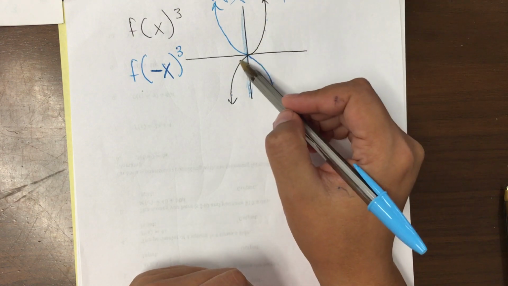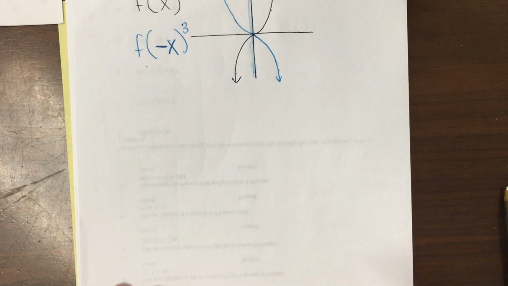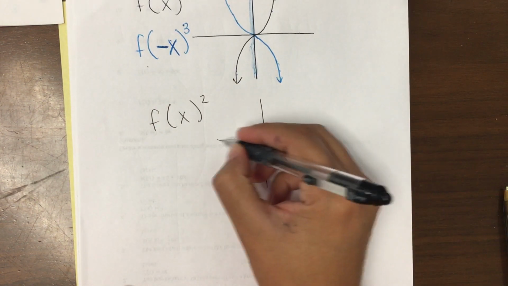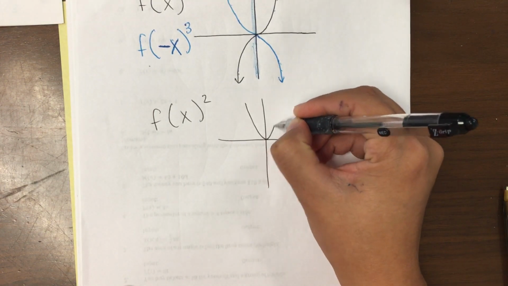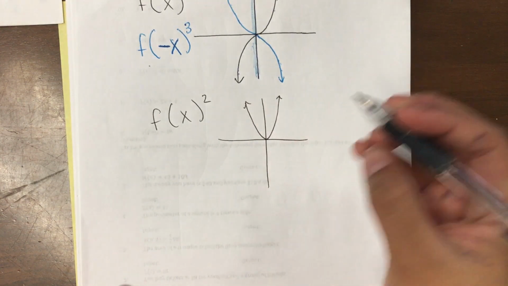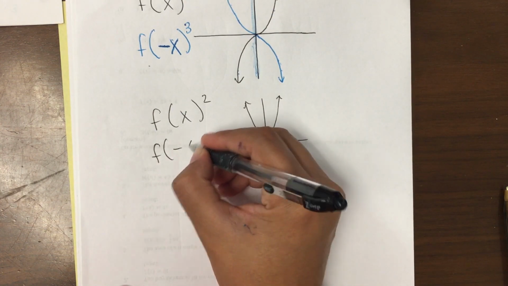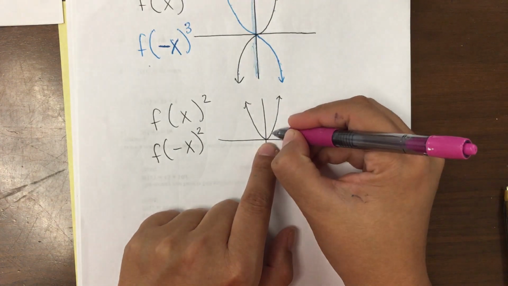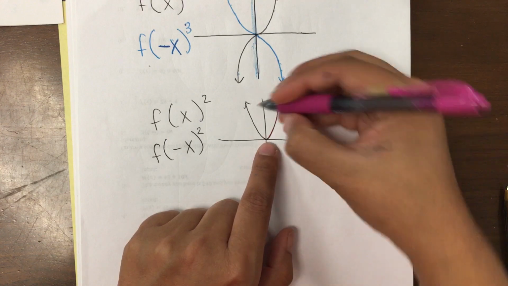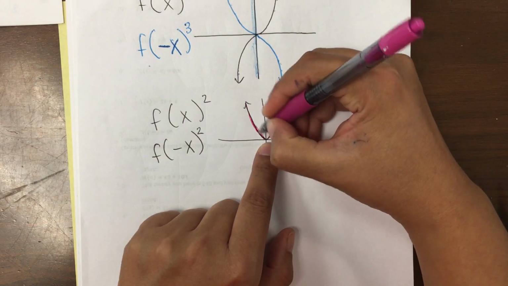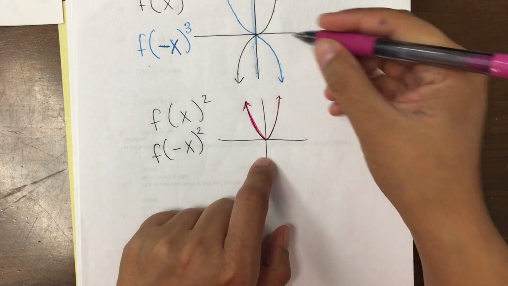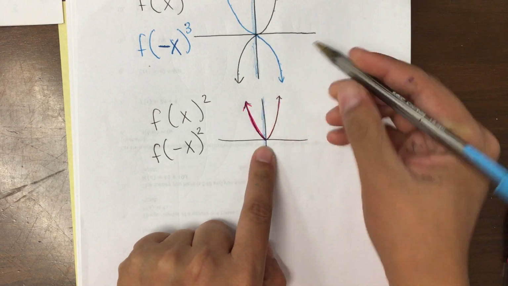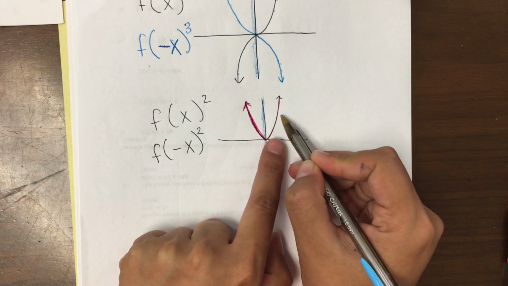Why am I doing this example? Because if we do f of x squared, that's going to be a parabola. And f of negative x inside of the parentheses squared, this means that this side of the graph is going to go over here, because remember, this is my line of reflection. This goes to the left, that goes to the right.